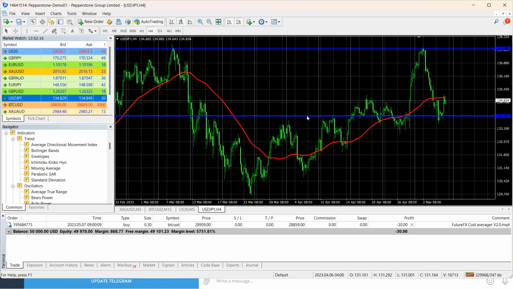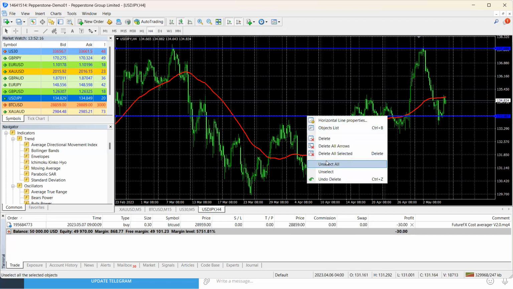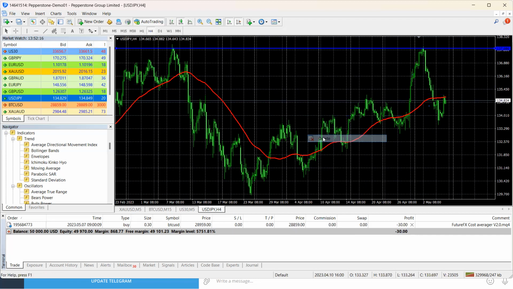Generally, when you get more than one trade open on one pair, it's because there's been extra confirmation that that trend is continuing.